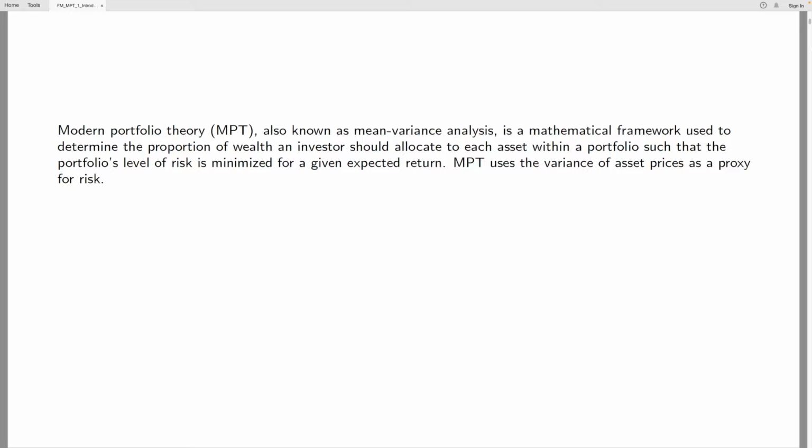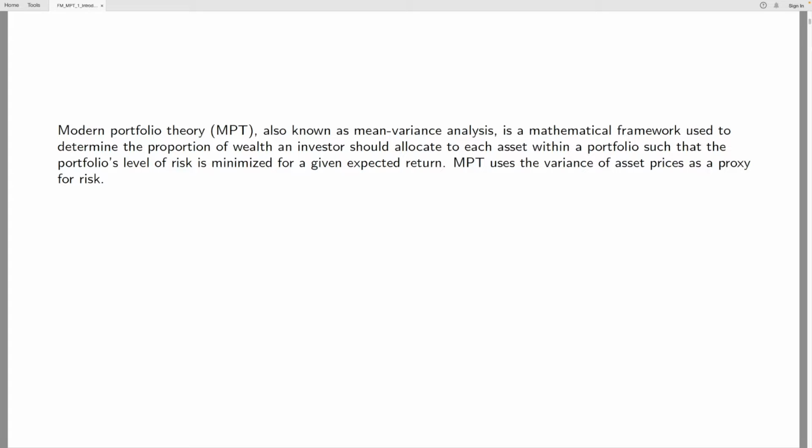So, modern portfolio theory, sometimes abbreviated to MPT, and sometimes also known as mean variance analysis, is a mathematical framework used to determine the proportion of wealth an investor should allocate to each asset within a portfolio.